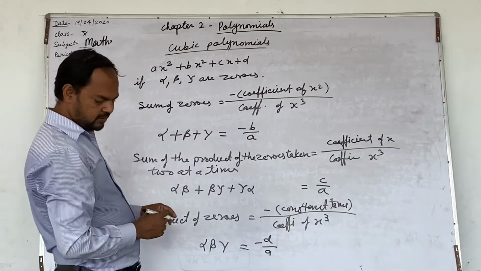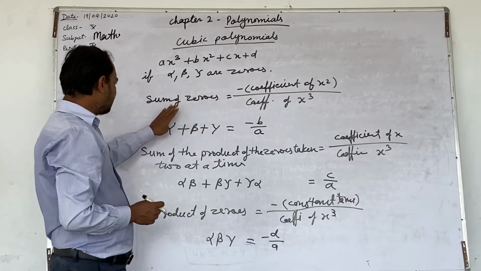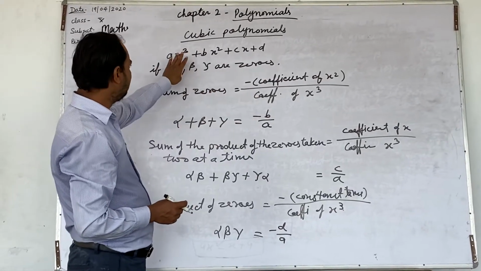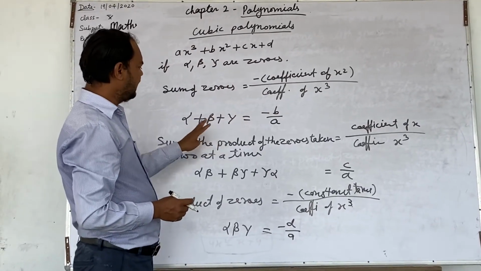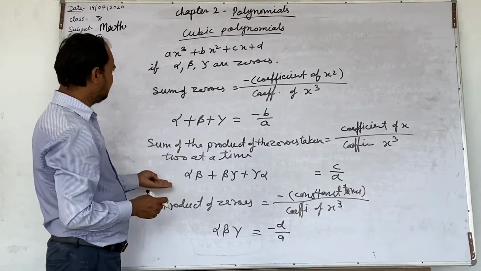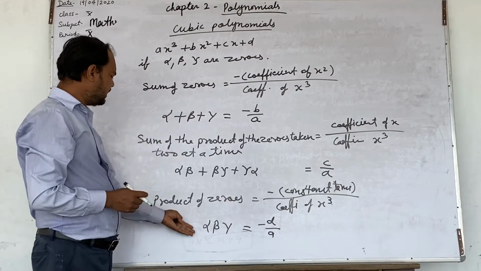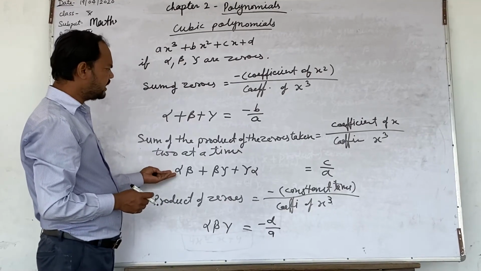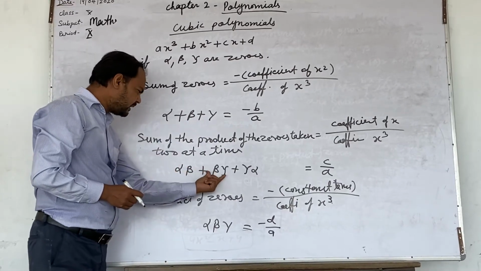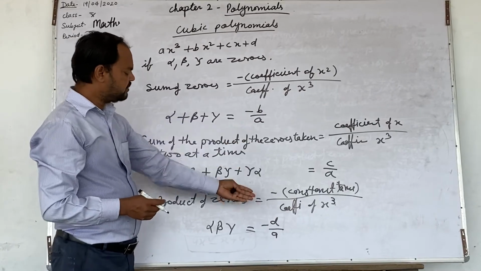This is the relationship between zeros and coefficients for a cubic polynomial. We study this also in quartic polynomial, right? Sum of zeros, product of zeros; here the sum of product of zeros taken two at a time means you multiply two zeros and then sum them. Okay? Order is the same: minus, plus, minus.